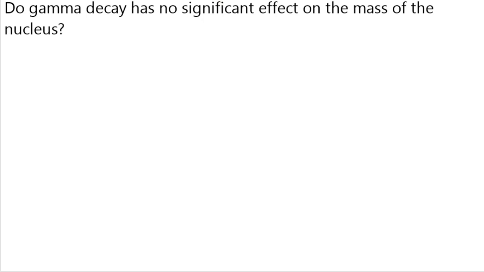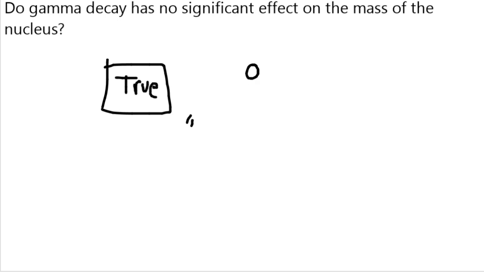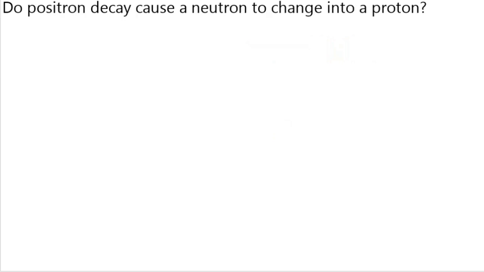Does gamma decay have no significant effect on the mass of the nucleus? So this is true. Gamma decay has no significant effect on the mass of any nucleus because a gamma particle or gamma ray is massless, and also it doesn't contain a proton.